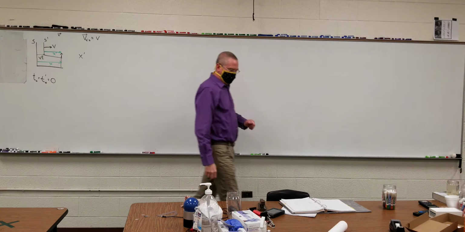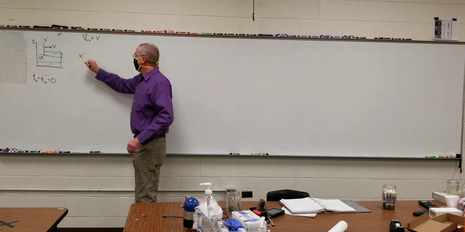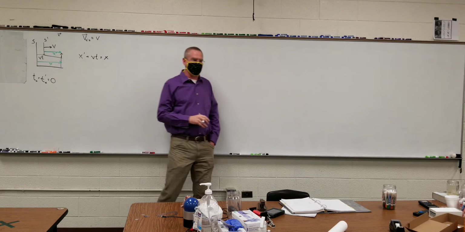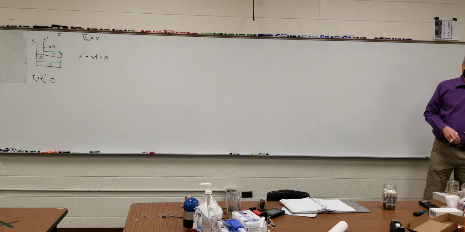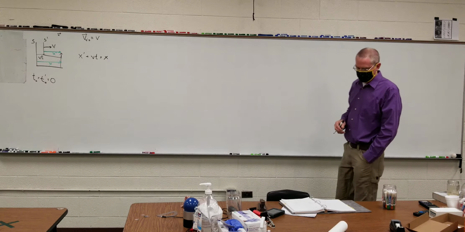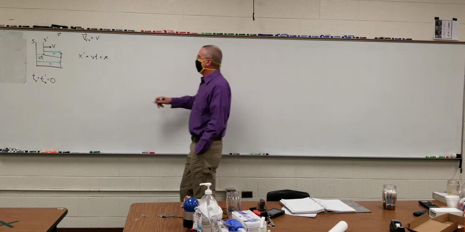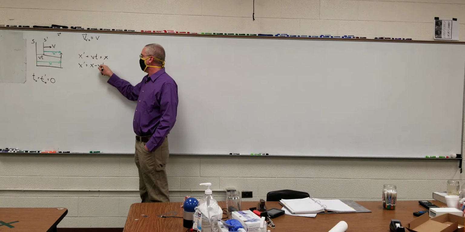So in Galilean relativity, x prime plus vt is equal to x. This is the type of stuff that we've basically been assuming pretty much until last week. Or we can write it as x prime is equal to x minus vt.